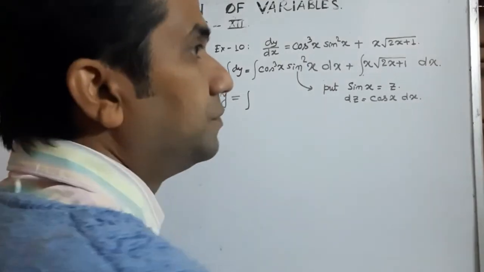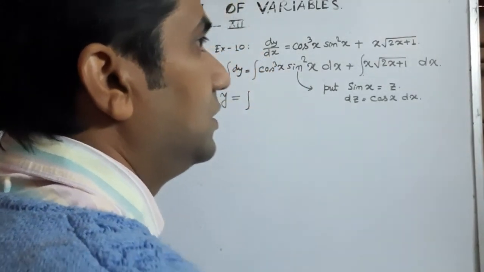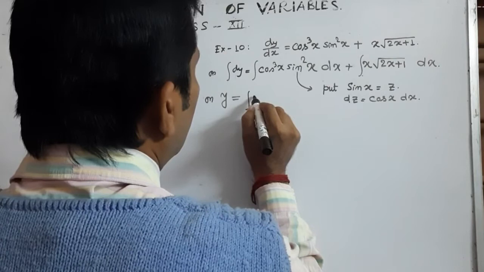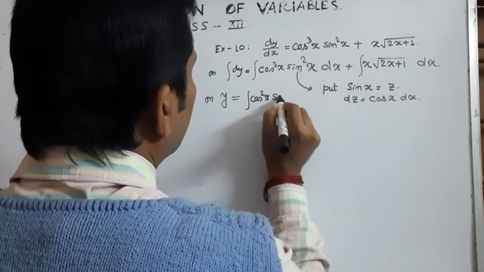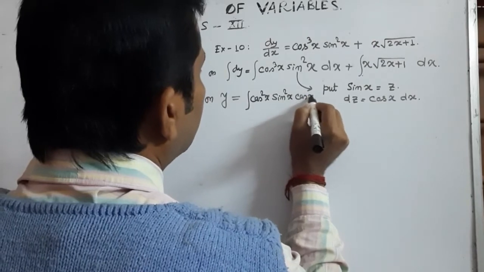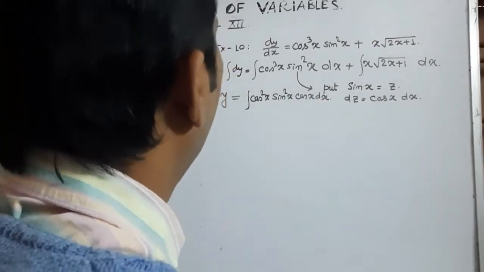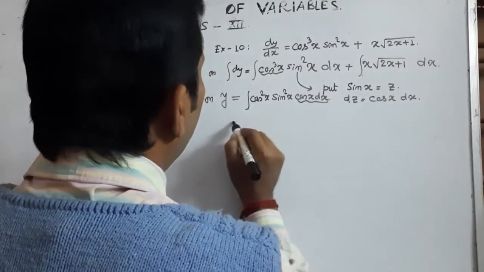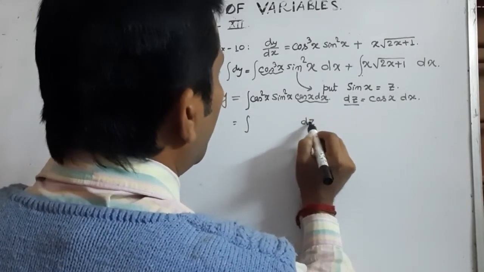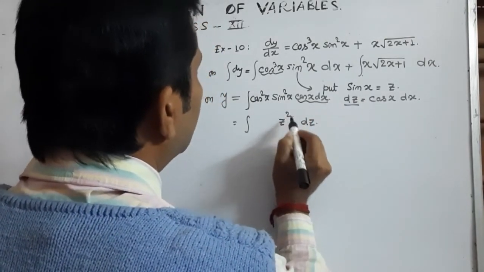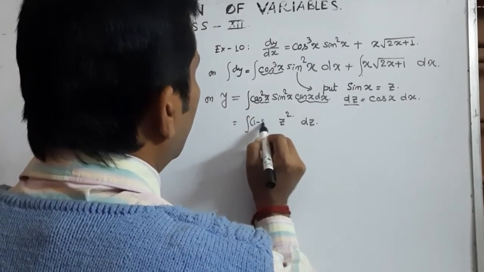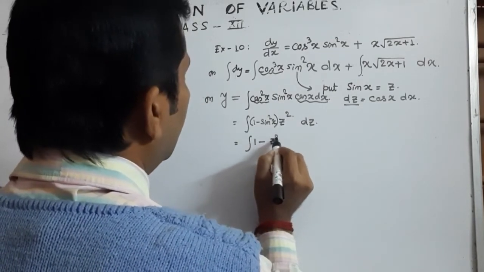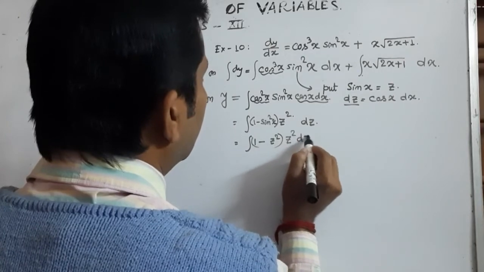Then this is equal to ∫cos²x sin²x cos x dx. This cos x dx is equal to dz, sin x means z, and cos²x means 1 − sin²x. That is equal to ∫(1 − z²) z² dz.